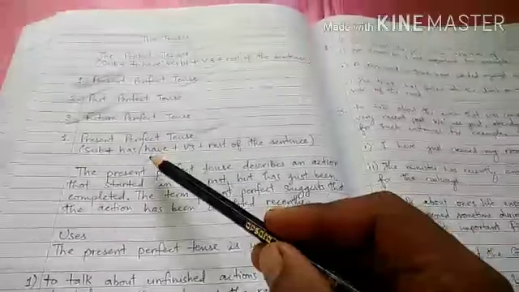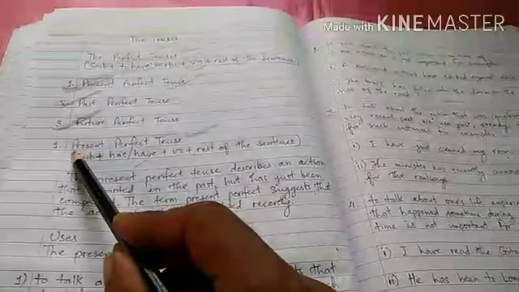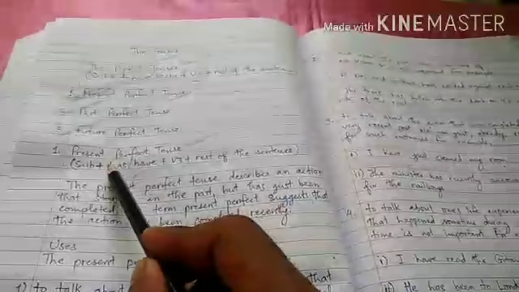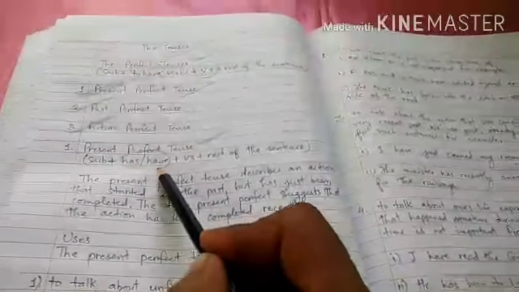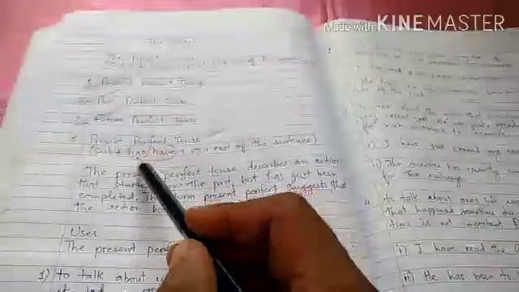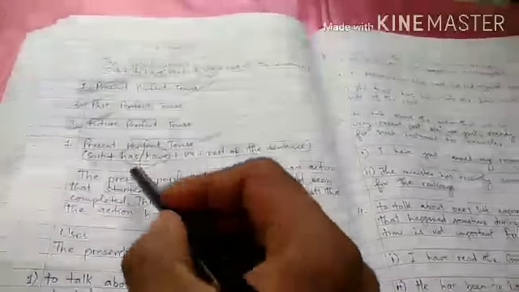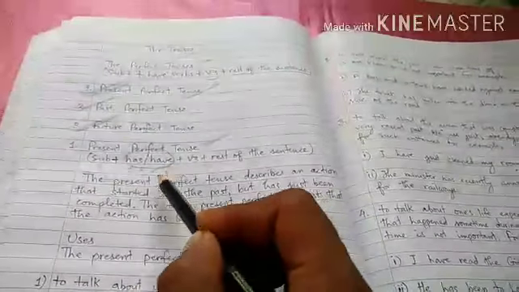The sentence structure of affirmative sentences in present perfect tense is subject plus has or have. In present perfect tense, from the group of have verbs, we take has or have. Has is used if the subject is singular and have is used if the subject is plural.